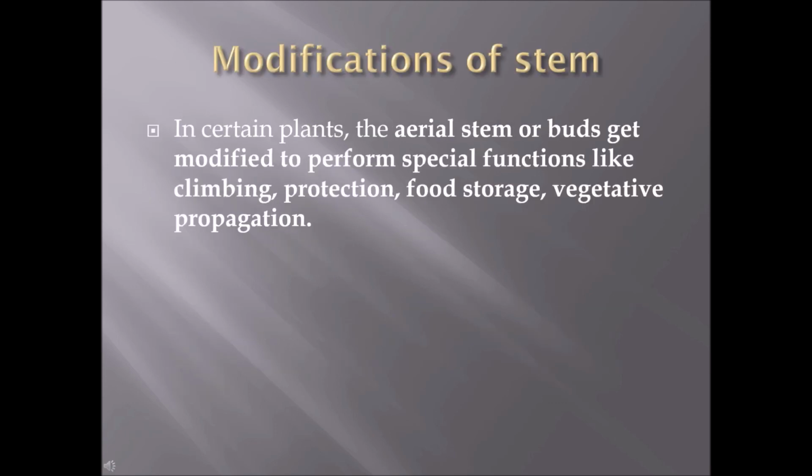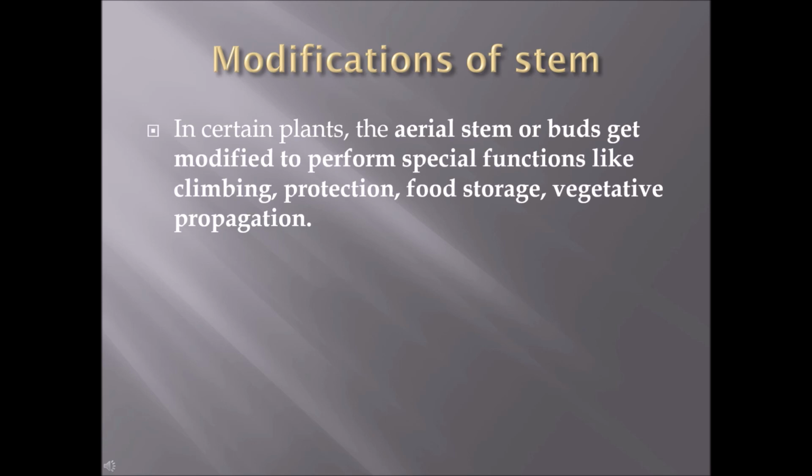The second topic is modification of stem. For that, we saw an introduction about what a stem is and what the functions of a stem are. In certain plants, the aerial stem, the stem above on the top part, or the buds will be modified to perform some special functions.